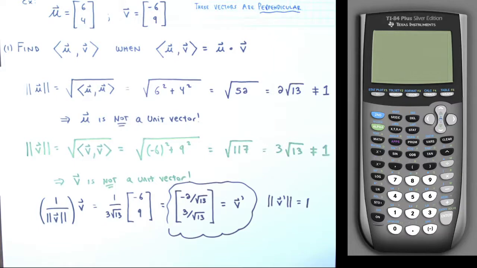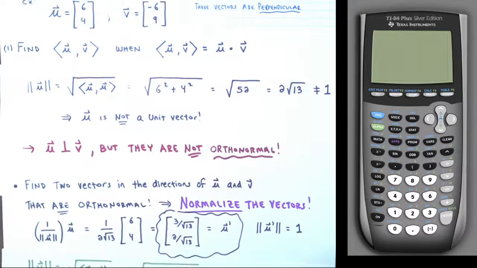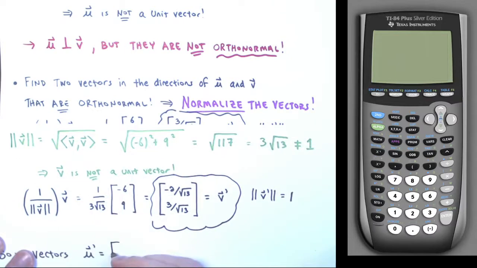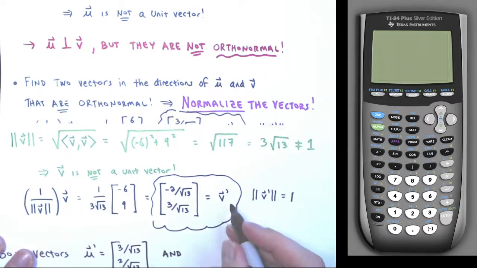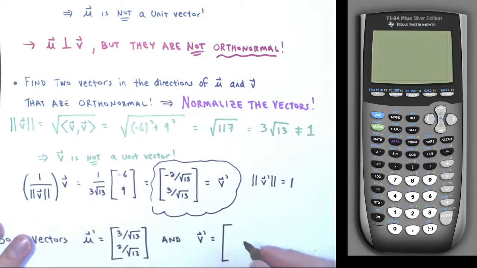So the set of vectors u prime and v prime. u prime was this vector here with the components positive 3 over the square root of 13, and then positive 2 over the square root of 13, and vector v prime that I had there has components negative 2 divided by the square root of 13, and then positive 3 divided by the square root of 13.